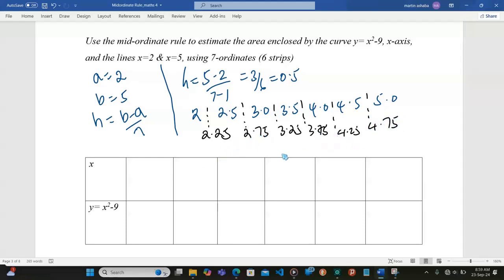If I count these, how many are they? The number of strips is always the number of mid-ordinates: 1, 2, 3, 4, 5, 6.